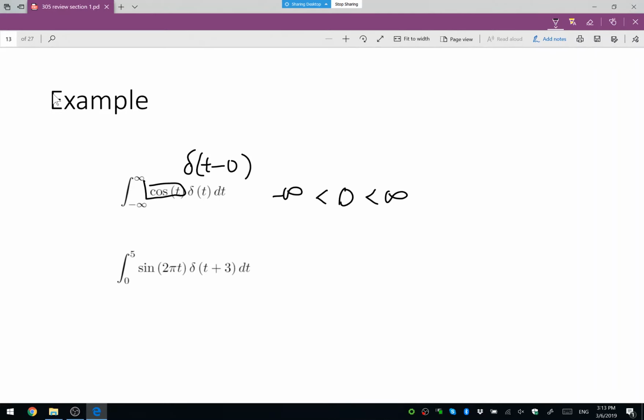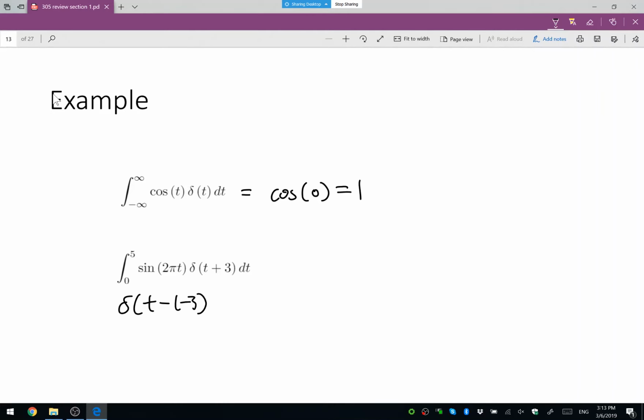So the integral will finally equal this function at 0, which is cosine 0, which is 1. For the second problem, this is delta(t plus 3), which is delta(t minus (-3)). So the position is minus 3.